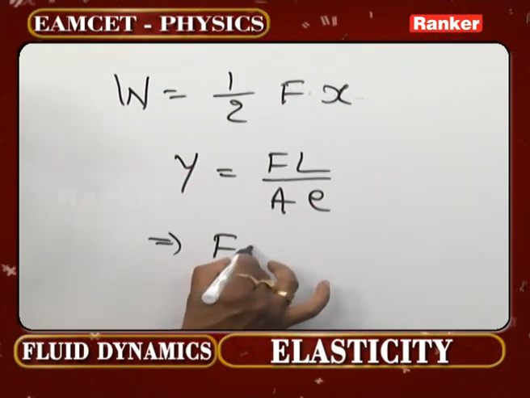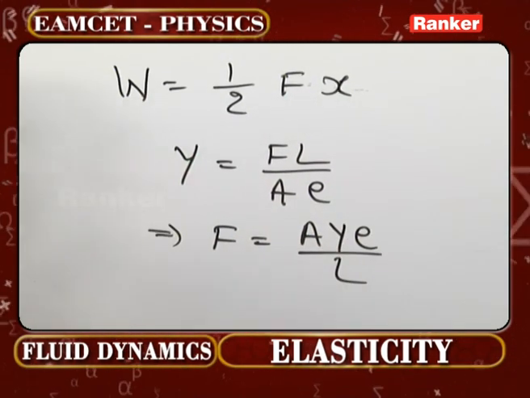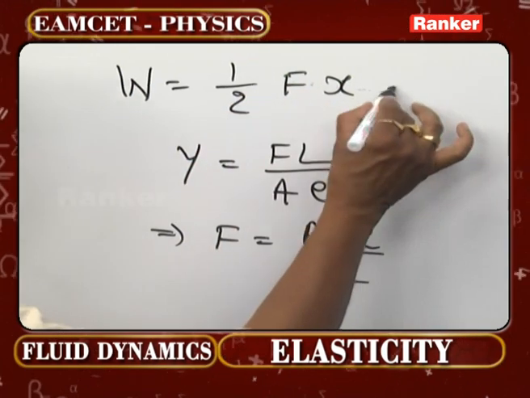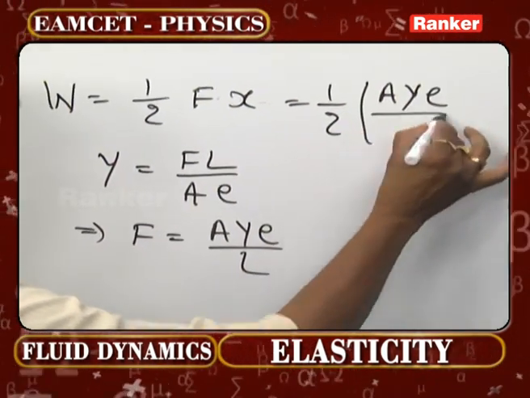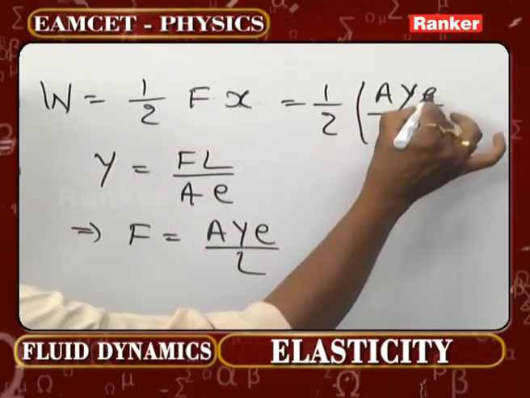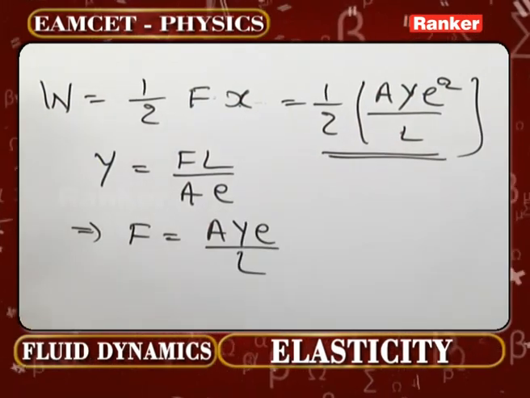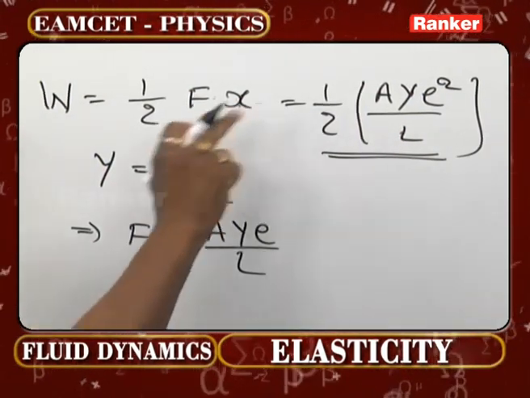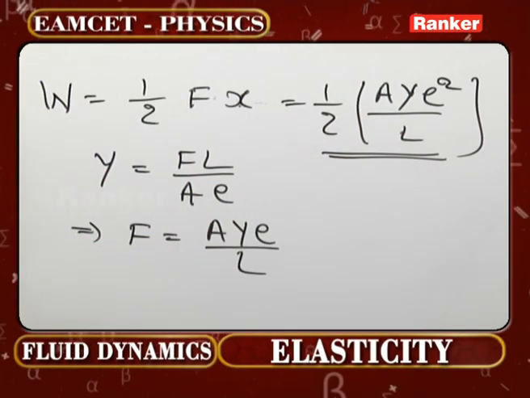Therefrom, can't you write F is equal to AYe by L, please? Now let us write that one over here, half into AYe by L into x also is elongation. Therefore, you can ultimately write this particular formula. A for area, Y for Young's modulus, e for elongation and L for the original length.